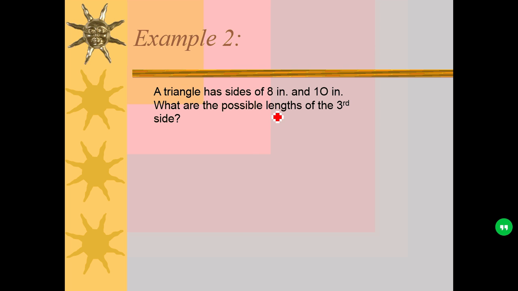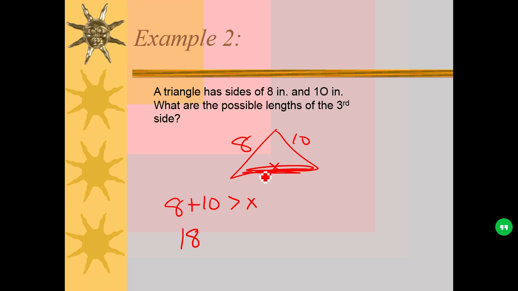So do these two sides make a triangle? Well, the two smaller sides have to be larger than the third side, whatever this third side is. So what are the possible lengths for that third side? 8 plus 10 would give me 18. Because this has to be larger than the third side, that means that third side needs to be smaller than 18.